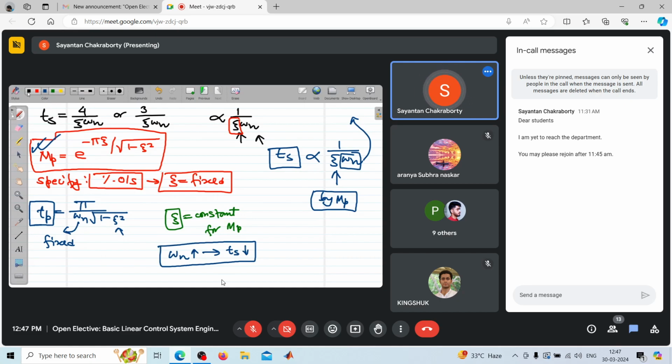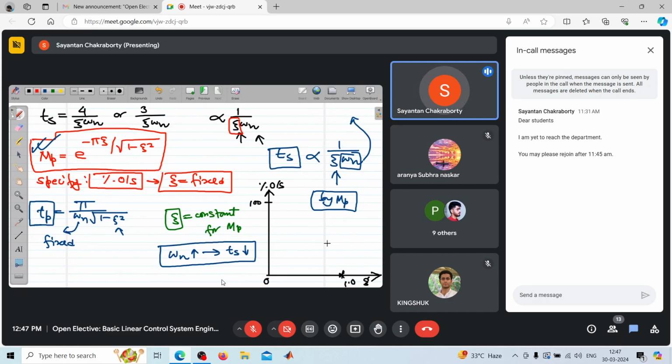And regarding this Mp, if you remember, if you draw this curve, say this is your percentage overshoot and this is your damping, right? So for zero damping, what is the percentage overshoot? It is 100. And for damping of 1, it is 0.